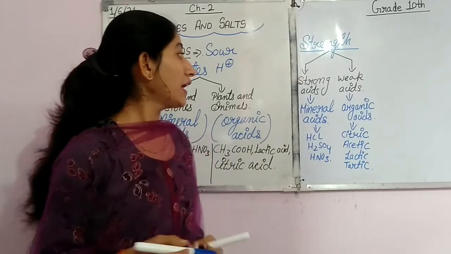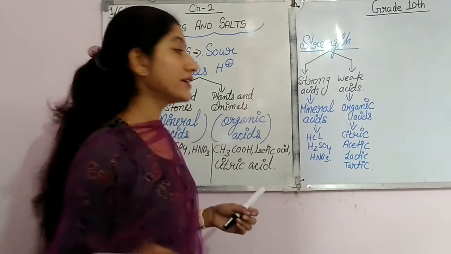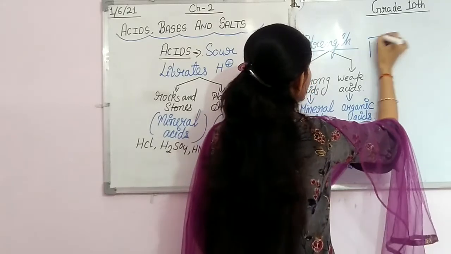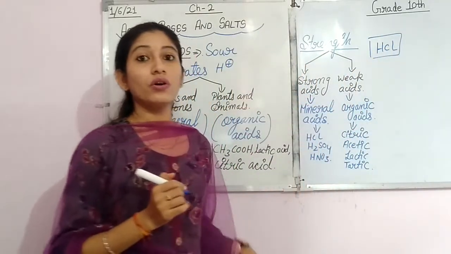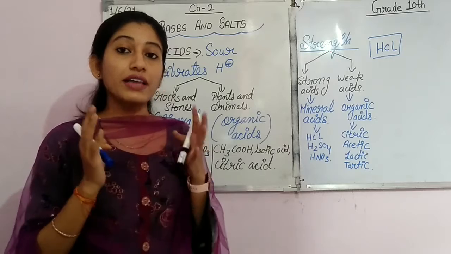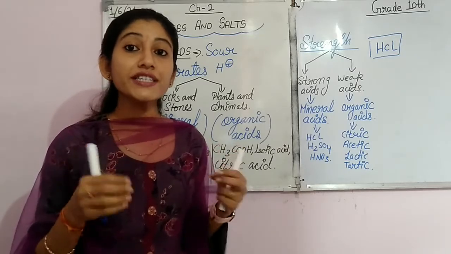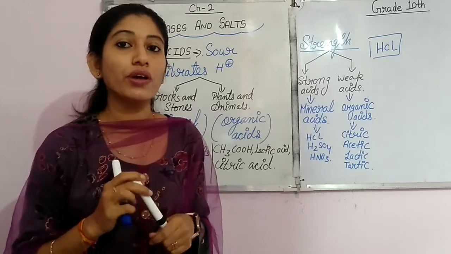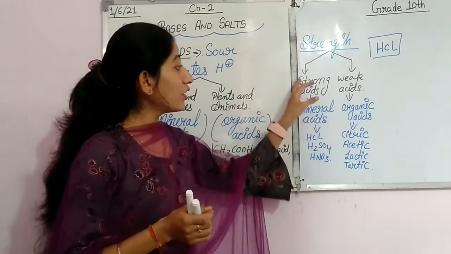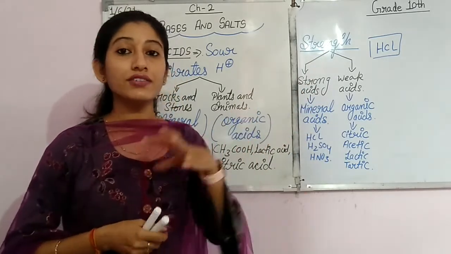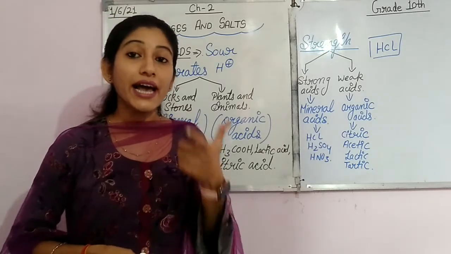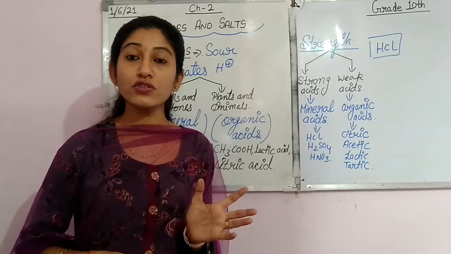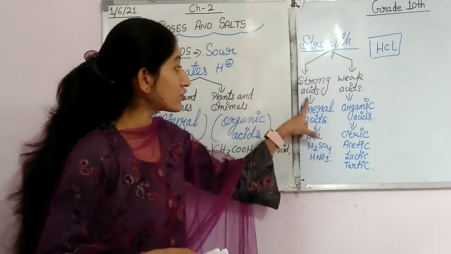So beta, if you see the mineral acid, suppose HCl. So this is our mineral acid. Now the acids which dissociate completely when dissolved are called the strong acids. Why are we saying some acids are strong acids? Because the acids which dissociate completely on dissolving in aqueous solutions, such acids are called the strong acids.